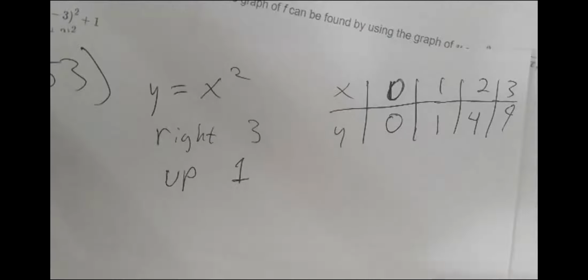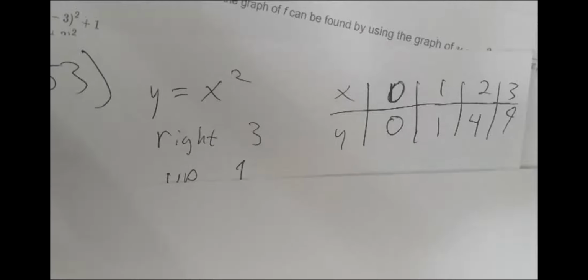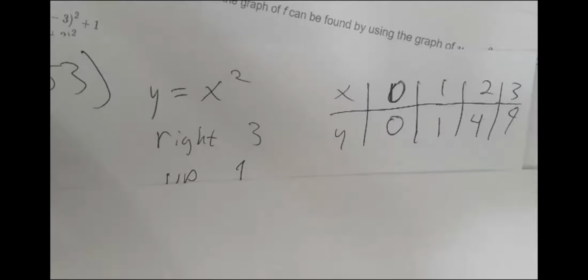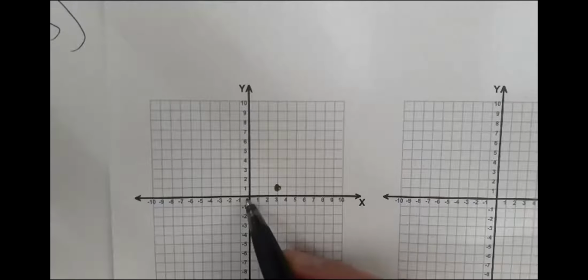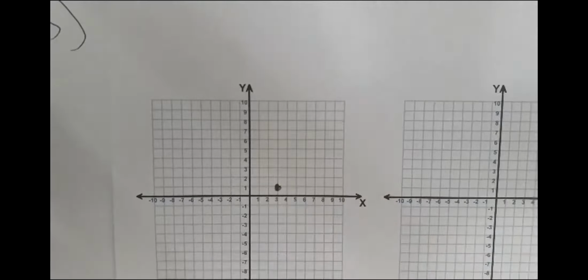If I move my x squared right 3 and up 1, my vertex is at 0, 0, so my new vertex should be over here at 3, 1.